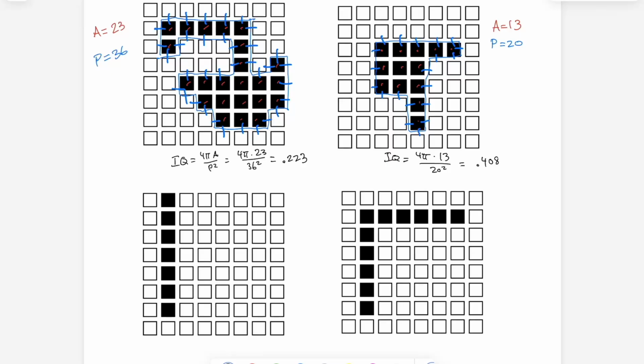Yeah, I mean, you have to be counting up the distance around the shape. Yeah, even though it's going to be off. All right. Calculating.